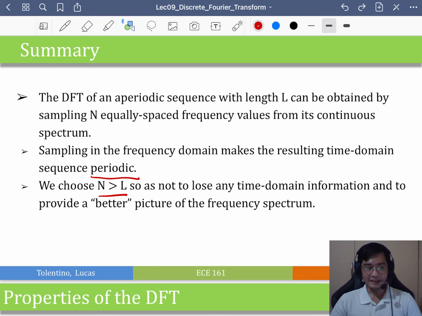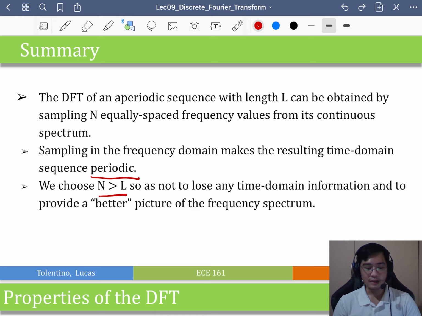So just a quick recap of what we've discussed. Basically, the DFT is representing the frequency domain of an aperiodic discrete time sequence in the frequency domain with discrete frequency values.